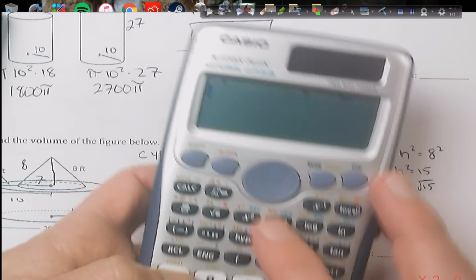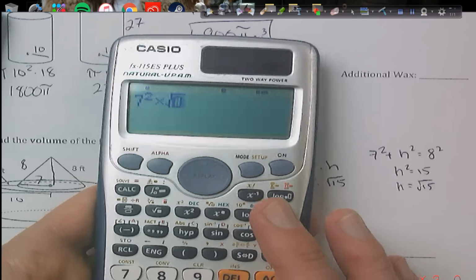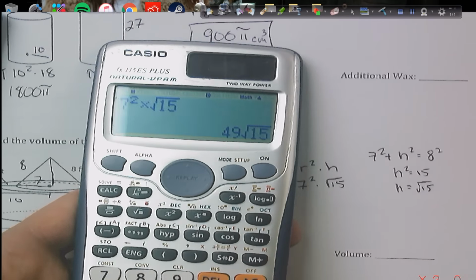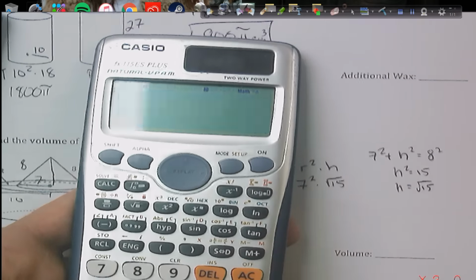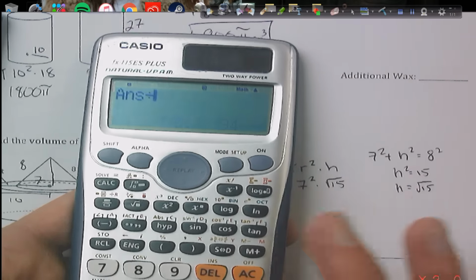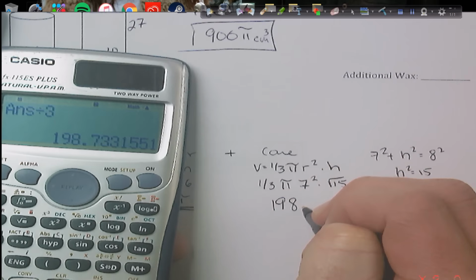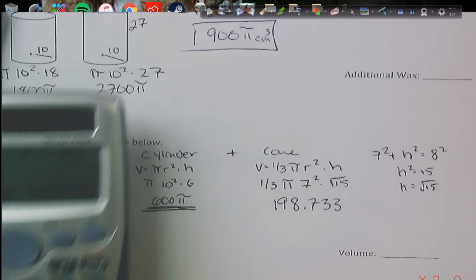I'm going to get 7 squared, and multiply by the square root of 15, and hit enter. Then I'm going to multiply by pi, and then divide by 3. Okay, and so we're going to get 198.733. We're going to keep it safe, 3 decimal places.